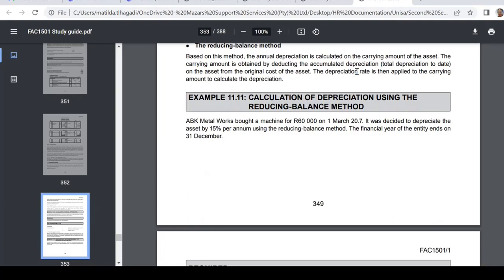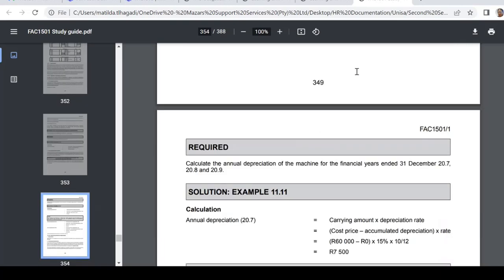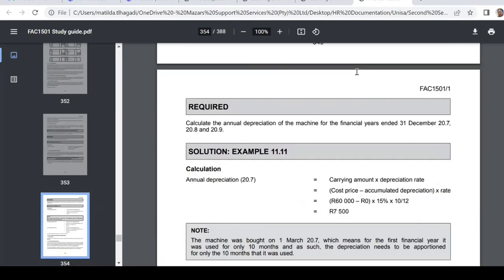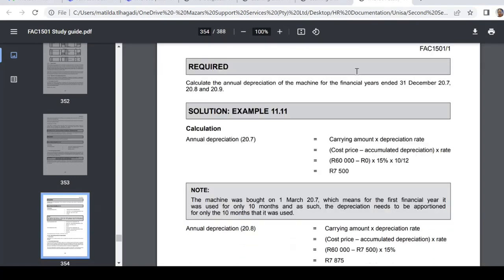It was decided to depreciate the asset by 15% per annum using the reducing balance method. The financial year of the entity ends on the 31st of December. Calculate the annual depreciation of the machine for the financial years ending 31st December 20.8 and 20.9.